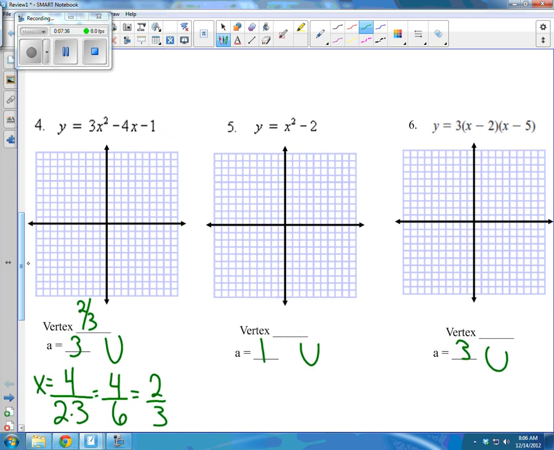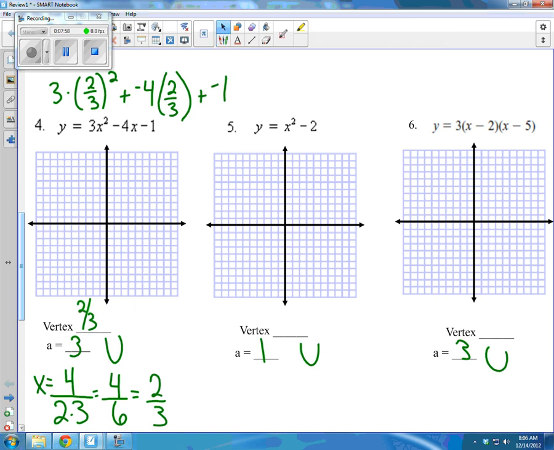So I'm actually going to move up a little bit and do that here. So if you're going with your calculator, it's going to be 3 times 2/3 squared, and then minus, which I'm going to turn into plus negative 4, times 2/3, and then plus, because I like adding the opposite, negative 1.